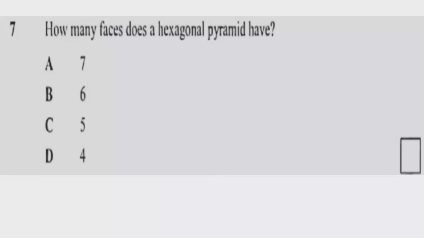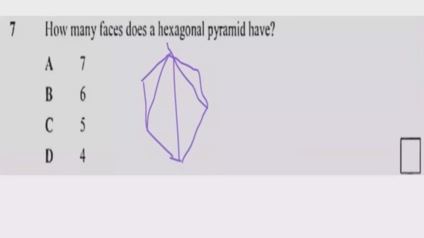Let me try to come up with something. Let's say this is the hexagon shape. Then every corner has something, and it forms a pyramid like that. I don't know if it's clear with you.